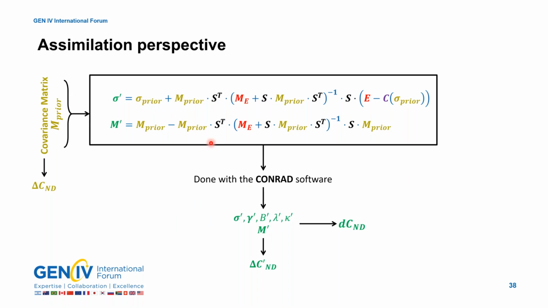When you give this system the sensitivities, the experimental value, the experimental uncertainties, the calculated value, and the input covariance matrix, you can obtain a posteriori nuclear data, which are the nuclear data that have learned about this reactivity loss experiment. So you will have corrective factors and an a posteriori covariance matrix. And during this work, all this assimilation process was performed by the Conrad software.